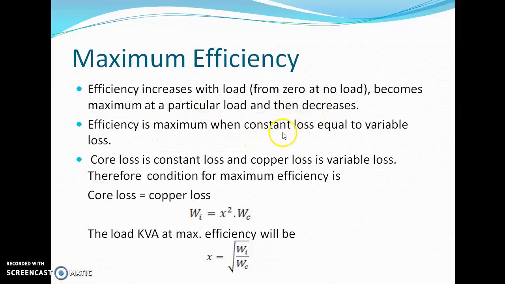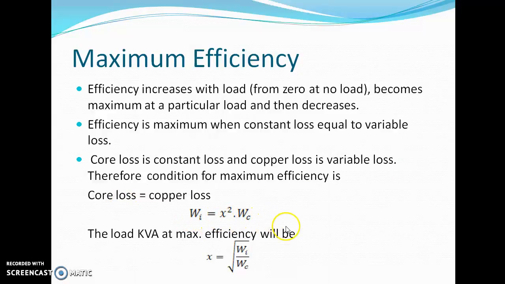The maxima of this curve between the load current and the efficiency can be found out, and we get the condition for maximum efficiency as the constant loss is equal to variable loss. Constant loss is core loss, while variable loss is copper loss, and therefore the condition for maximum efficiency is core loss is equal to copper loss.